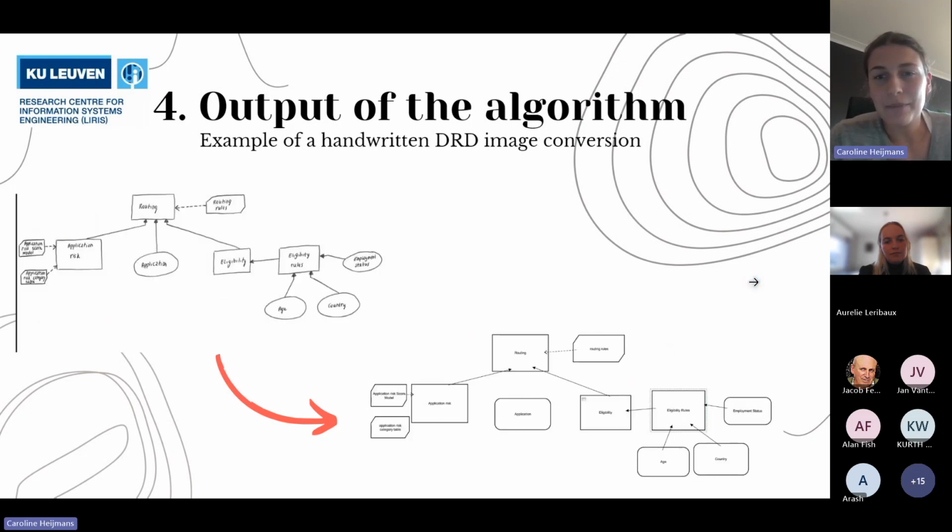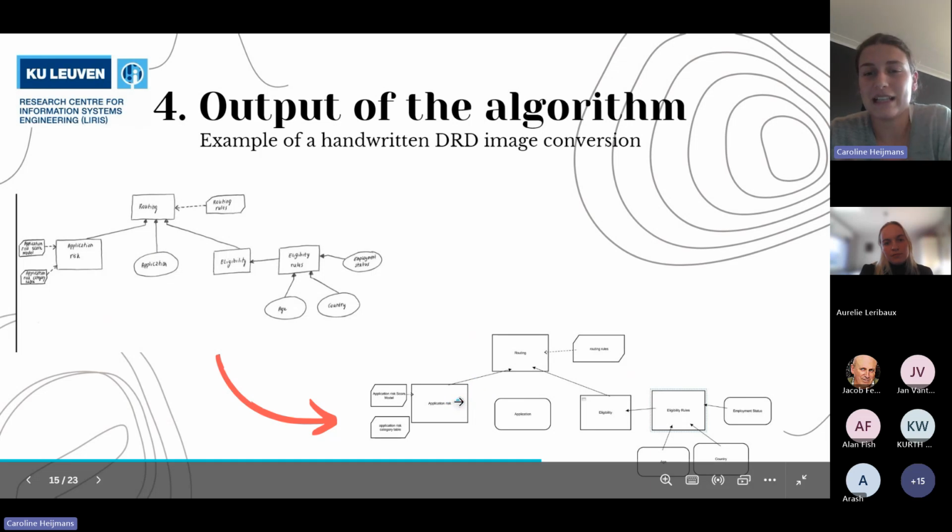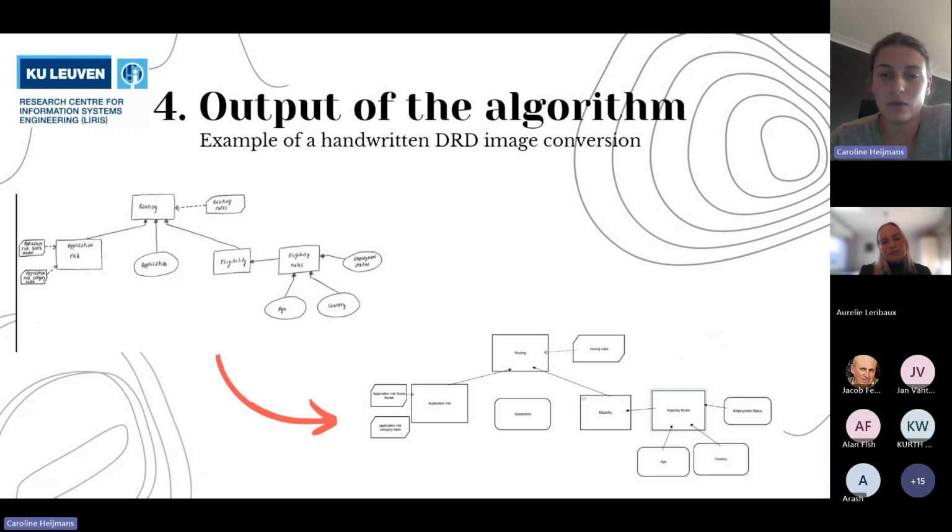So this is another example for a handwritten DRD where it also works quite well. Here it really works well because we took a good example, but you have to imagine that in some other examples, not all the text is being detected, or some text is being associated with the wrong element or so.